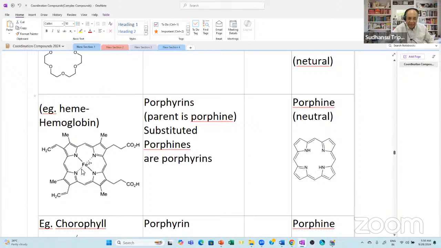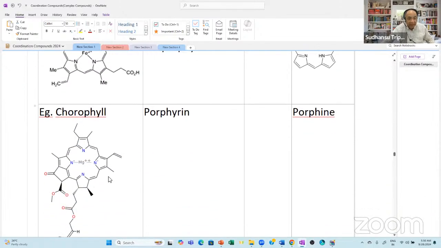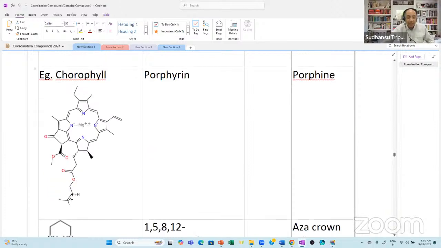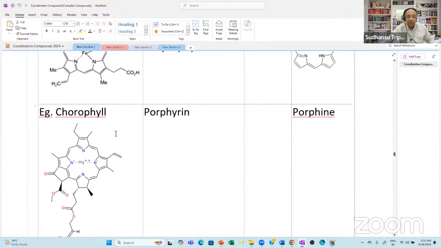This is a ferrous complex, heme, with vinyl here, vinyl here, CH2, CH2, COOH here, and methyl here. And chlorophyll is the same porphyrin primary structure with other branches, but magnesium is the central metal ion.